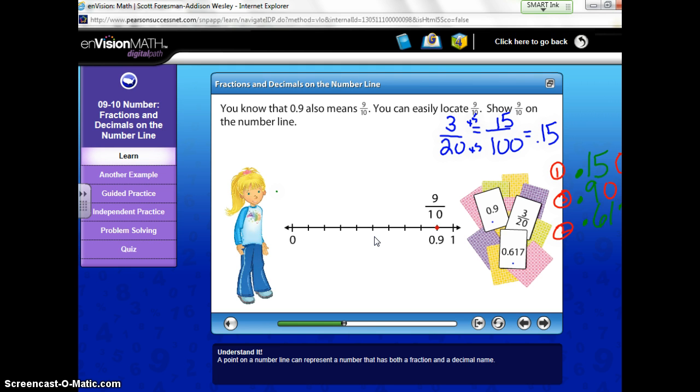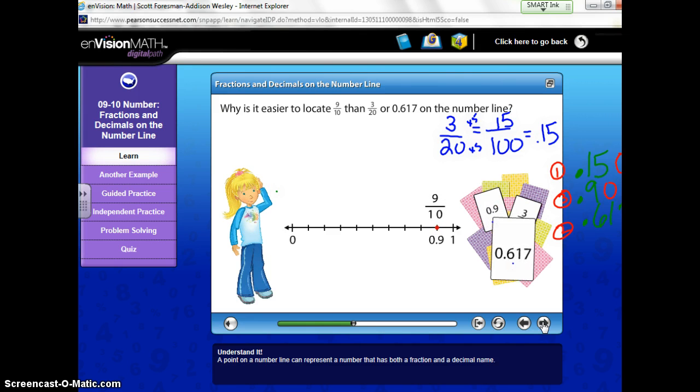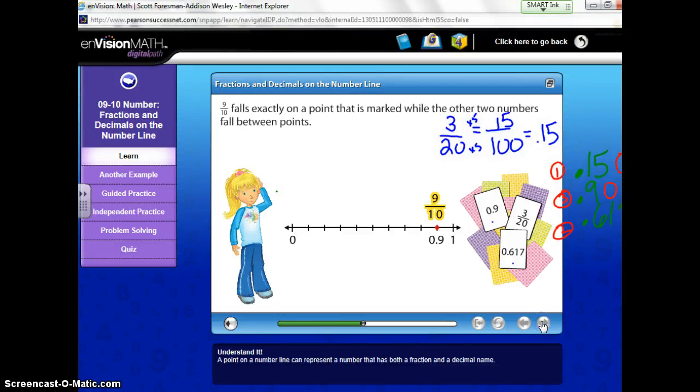So now we have to move this fraction, our 3/20. Well, we changed our 3/20 and made it into 15/100. So we could put that way down at the end, which is if I took off a 0, it would be a little more than 1.